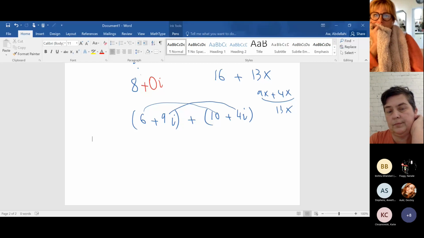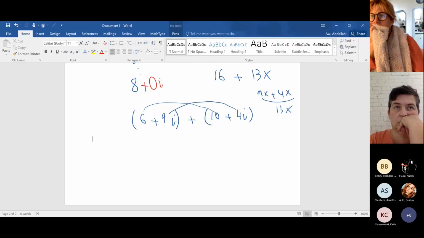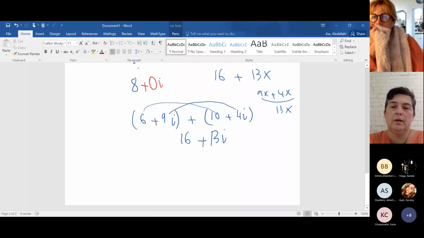Do we really need to know what i is in this case here? No. We know i is a complex number. i is a pure imaginary number, but we don't need it here. If you want to add complex numbers, you don't need to know what i is. The definition of i does not play any role here. This is 16 plus 13i, right? The definition of i plays no role whatsoever when you add complex numbers or when you subtract them.